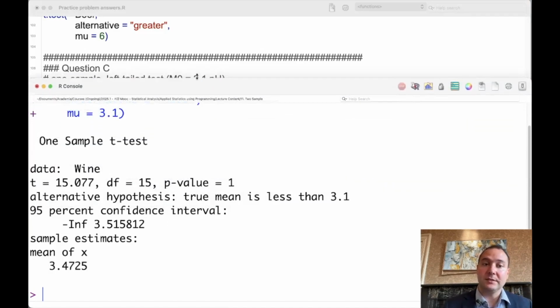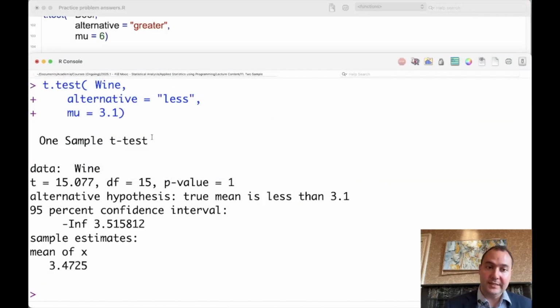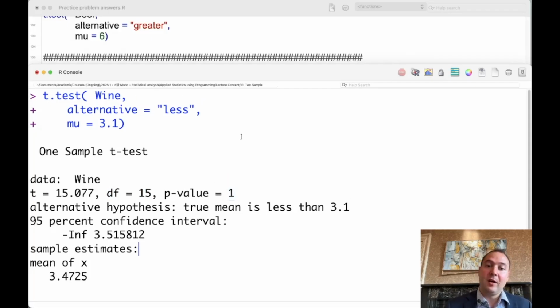Let's look at our results. We have a one sample t-test, good. We have a degree of freedom 15. Our p-value is 1. What does that mean? Our p-value is 1. Well, is that less than 5%? No. So should we reject the null hypothesis? No, it means we failed to reject our null hypothesis.